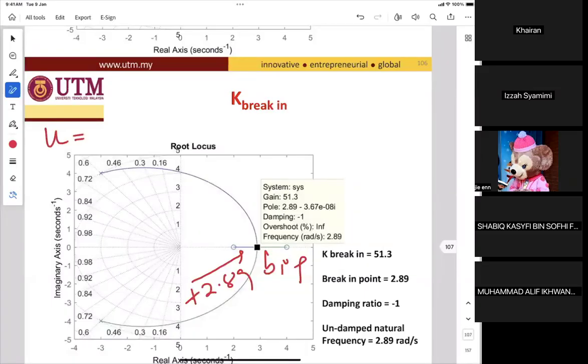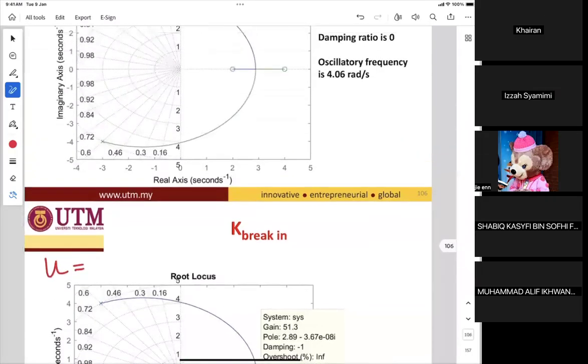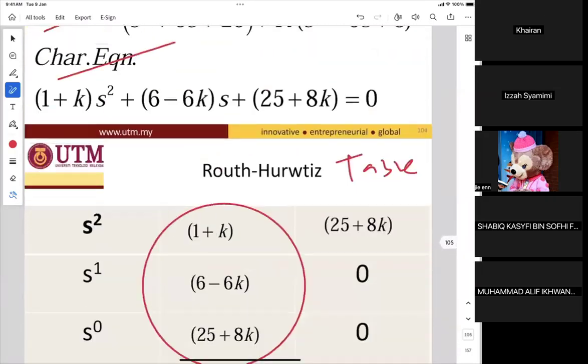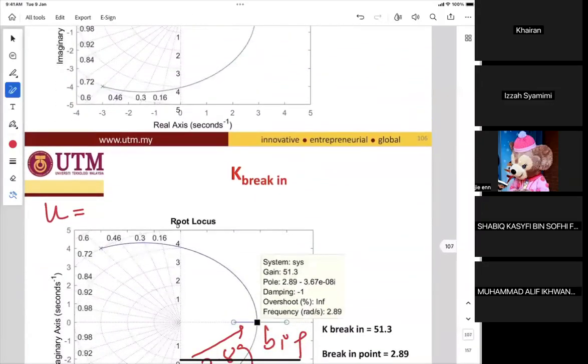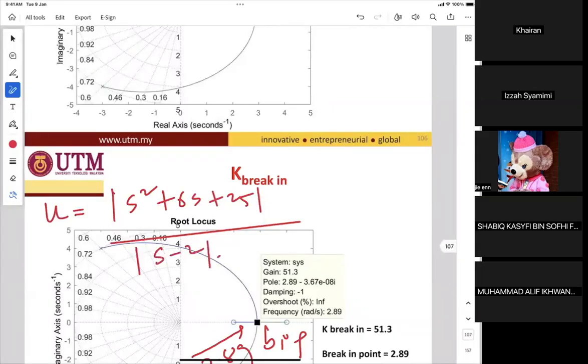To calculate the gain, we use the formula. Okay, what is the formula? Magnitude of s squared plus 6s plus 25, over magnitude of s minus 2, magnitude of s minus 4.